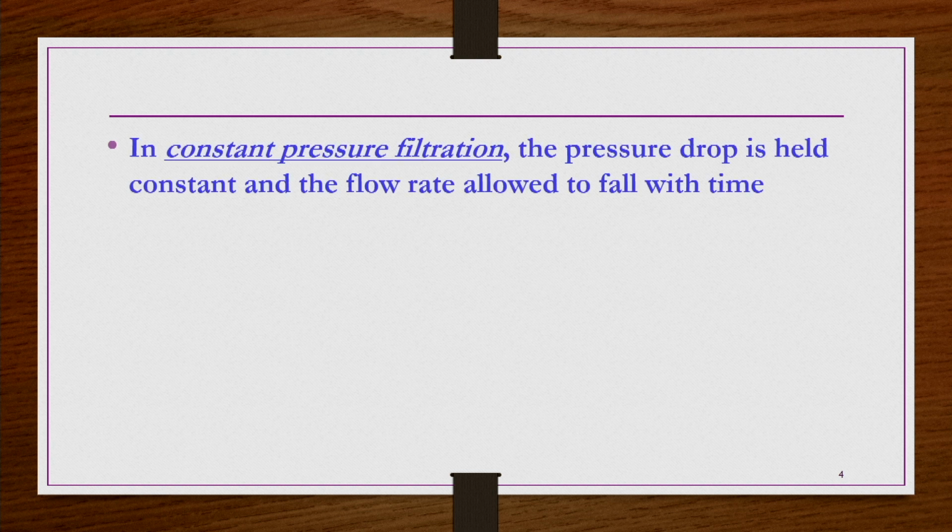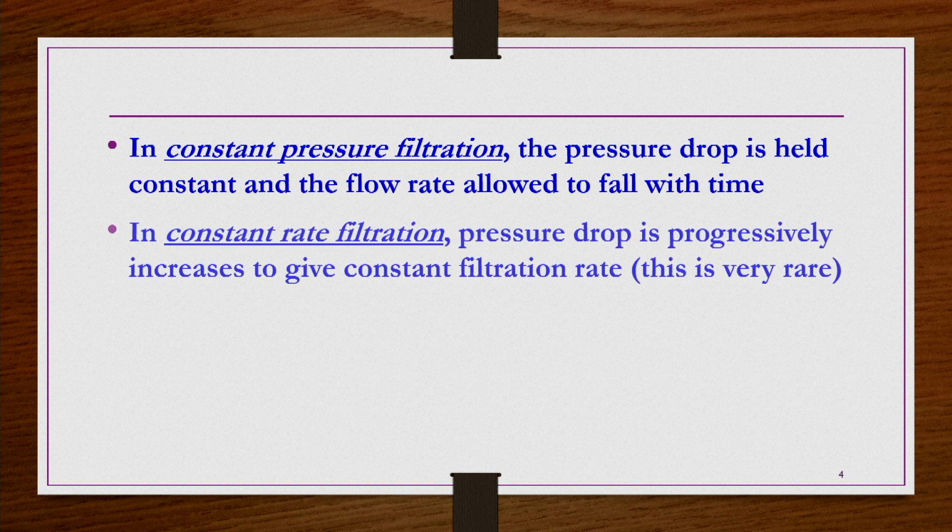That gradual increase in delta P with respect to filtration time is a very rare case. In constant pressure filtration, the pressure drop is held constant and the flow rate is allowed to fall with time. In constant rate filtration, if you maintain a constant volumetric filtration rate, the pressure drop progressively increases to give a constant filtration rate, but this is a very rare case.